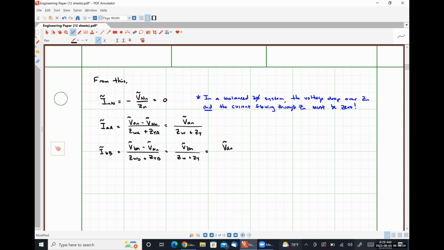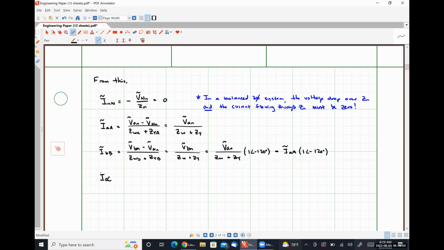Looks like VAN over ZW plus ZY multiplied by a factor of one angle negative 120 degrees, or it's simply IAA times one angle negative 120 degrees. So the magnitude of our line currents are going to be the same, and they are just going to have a phase separation of 120 degrees, just like our voltage source did.